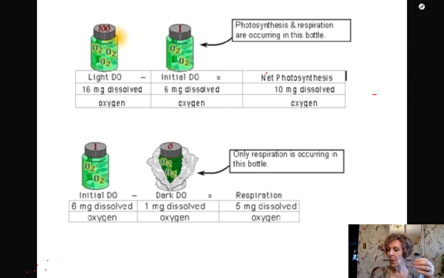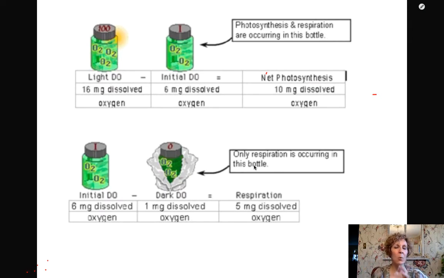So when you set up all your bottles with different numbers of screens, and some of you, of course, will have a control with no covering, and then some will be completely covered with aluminum foil, we need to, on day one, take the dissolved oxygen of our initial sample, because then we'll be able to compare that to how much dissolved oxygen is in the bottle that was exposed to pure light, or in this case, subtract the dark bottle, which is only respiration, right?